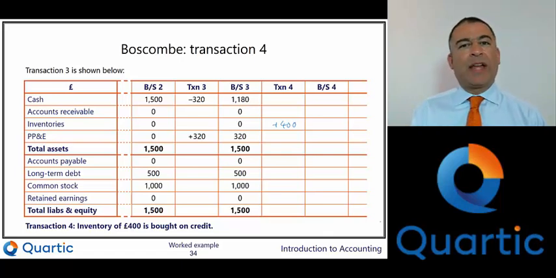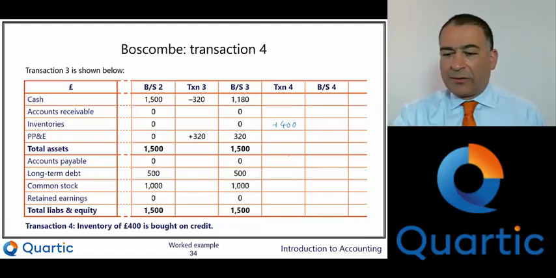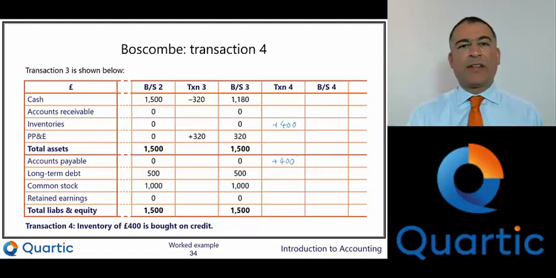What do we do with that? Where does that go? We haven't borrowed the money, but we owe our supplier money, and that goes into accounts payable. So accounts payable is plus 400. And that's our transaction 4. So inventories went up by 400, accounts payable went up by 400, we owe our suppliers some money.